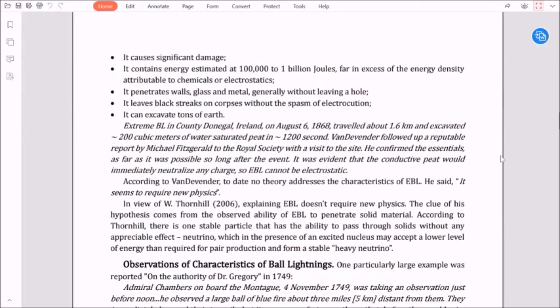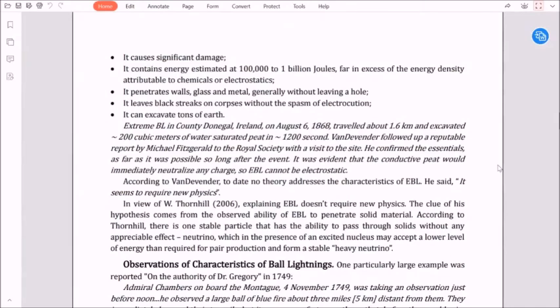It was evident that the conductive pit would immediately neutralize any charge, so extreme ball lightning cannot be electrostatic. According to Van de Vender, to date, no theory addresses the characteristics of extreme ball lightning. He said it seems to require new physics.